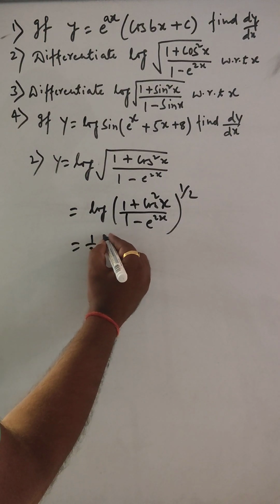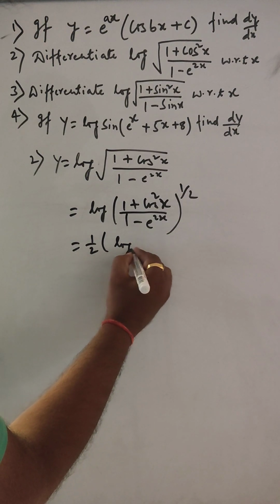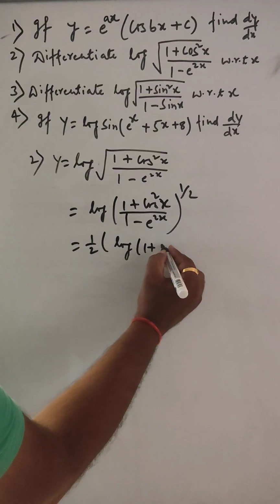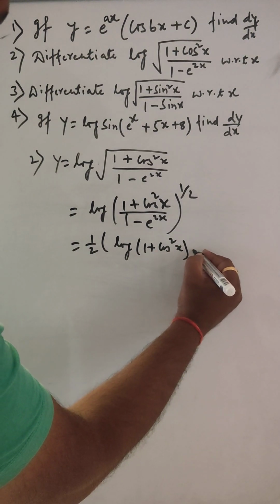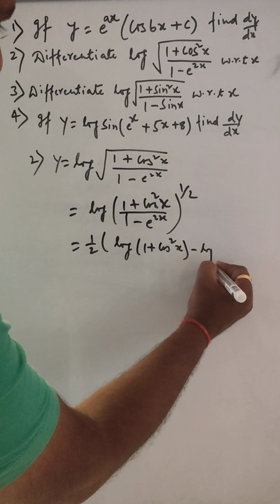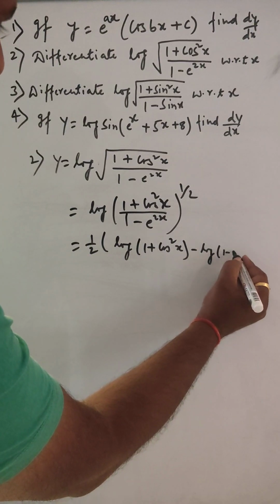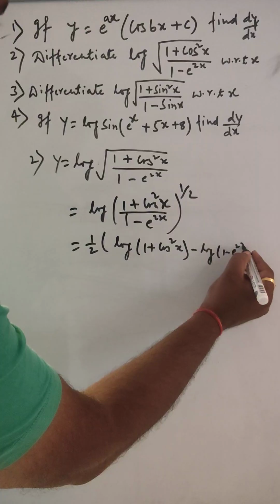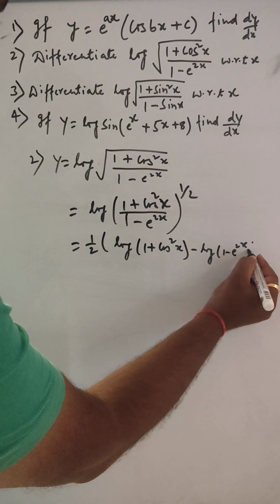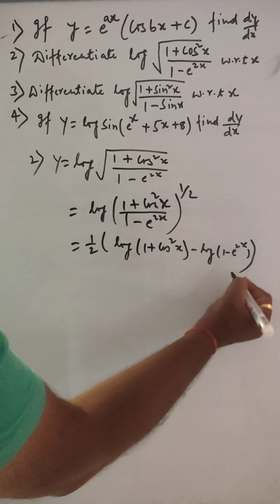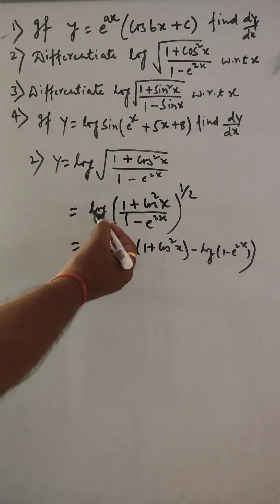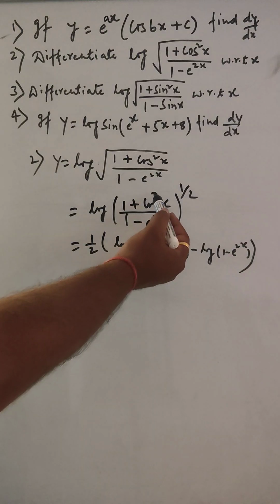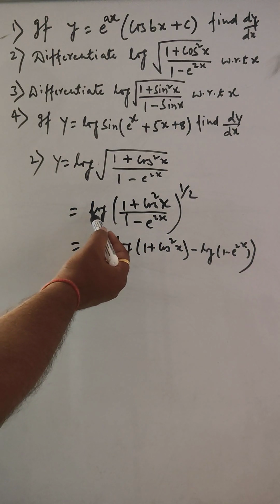So here we can do it like this also: log(1 plus cos square x) minus log(1 minus e to the power 2x). See here numerator and denominator are there and log is there.